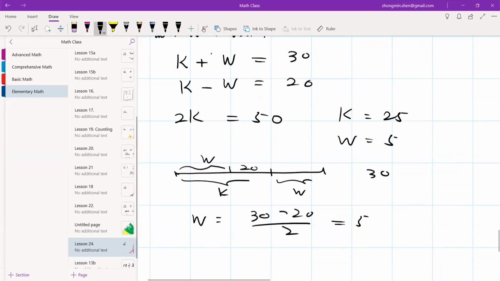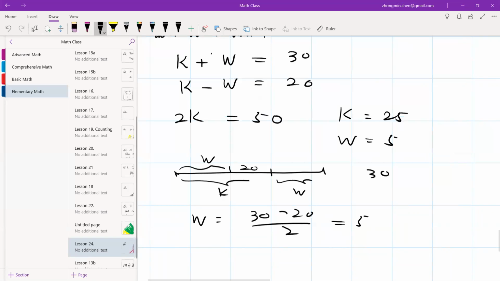First of all, you draw the whole line segment and divide it into parts: one part represents Will, one part represents Kevin. Then for this piece of Kevin, you cut off $20. So it's W, 20, W. The total will be 30.